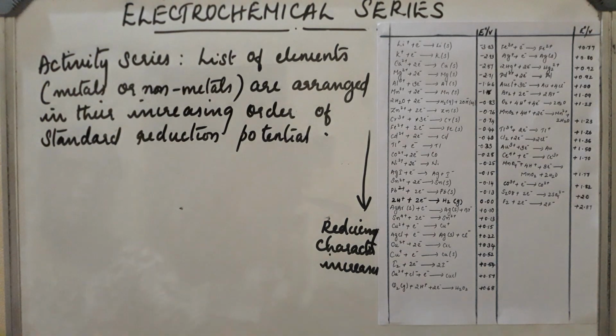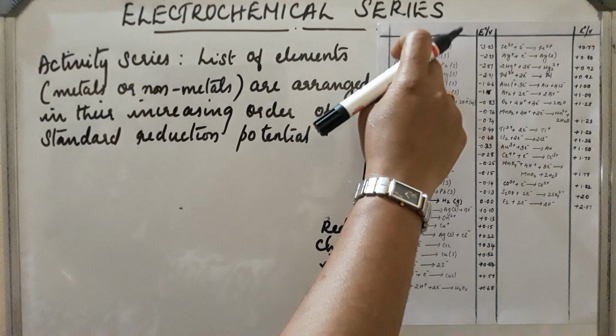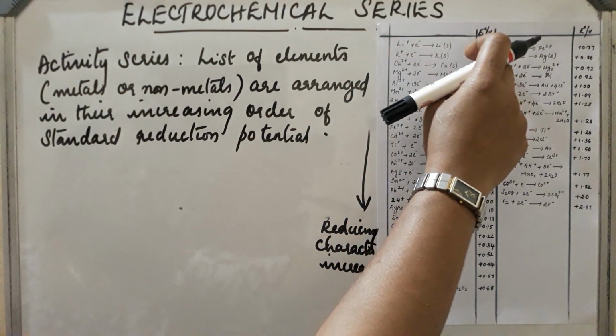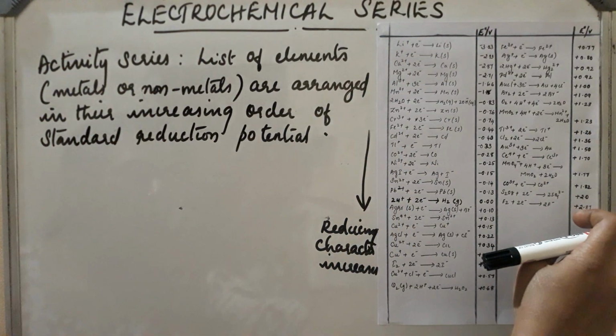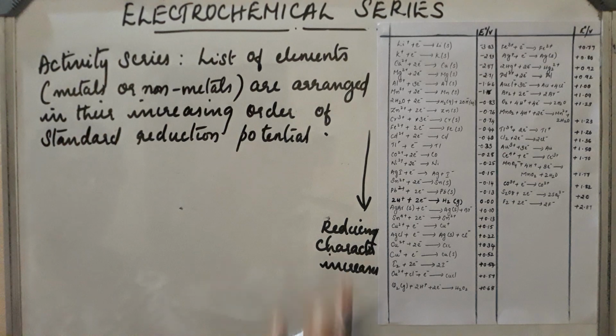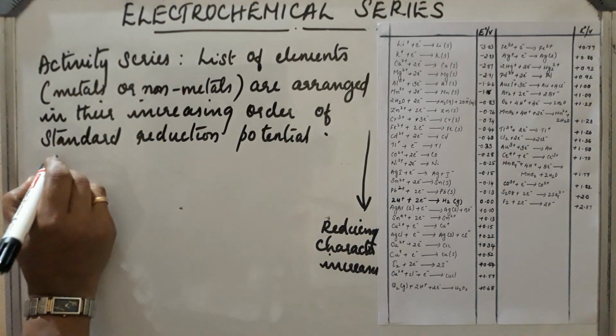From the series we can see that lithium has a more negative value and fluorine has a more positive value. So, down the series, what happens?